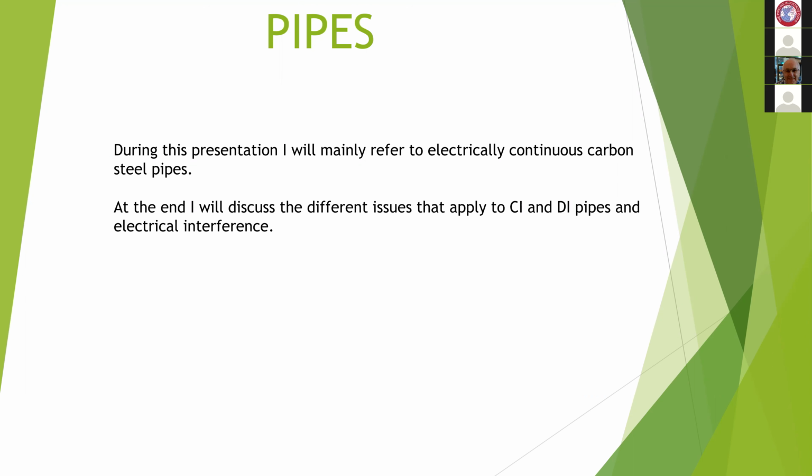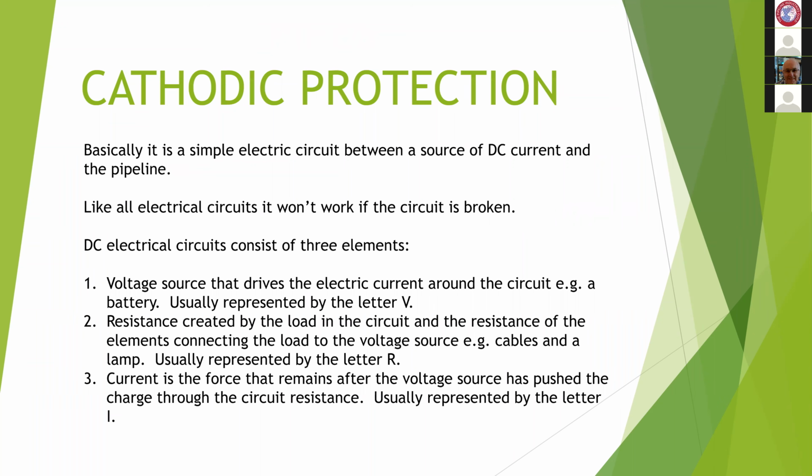There are some important differences to take account of between ductile iron and cast iron pipes. Nevertheless, if we stick to assuming continuous carbon steel pipes, there are still a lot of lessons to be learned for people who are only interested in cast iron and ductile iron.